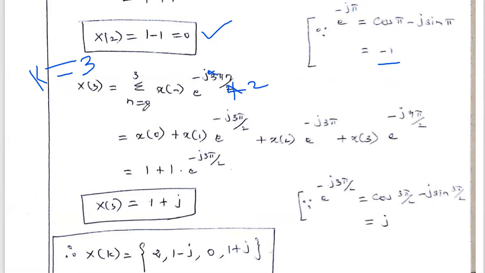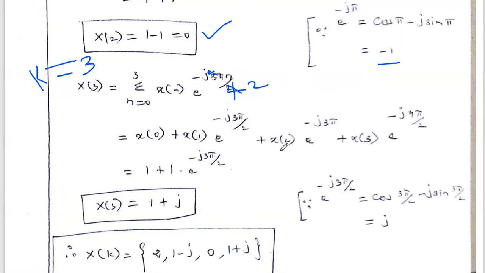So expanding, put n equal to 0, so x of 0 into e power 0 is 1, plus x of 1 into e power minus j 3 pi by 2, plus x of 2 into e power minus j 3 pi times 2 by 2, the 2s cancel, so e power minus j 3 pi, plus x of 3 into e power minus j 3 pi times 3 divided by 2, so 3 into 3, 9, so e power minus j 9 pi by 2.